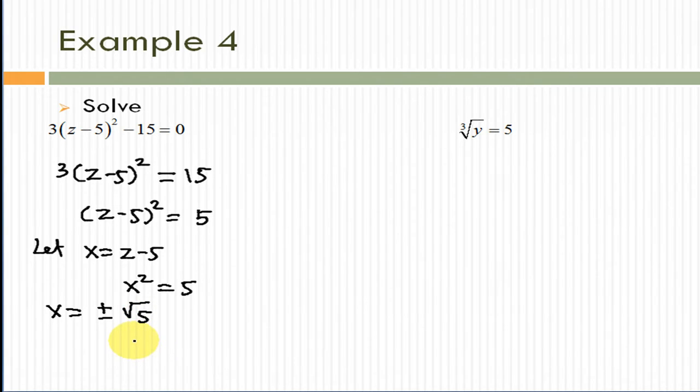And be careful, we are not done yet, because we would like to solve for z and not for x. So substitute back: z minus 5 is plus or minus the square root of 5. Therefore z itself, moving the negative 5 to the other side, is equal to 5 plus or minus the square root of 5.